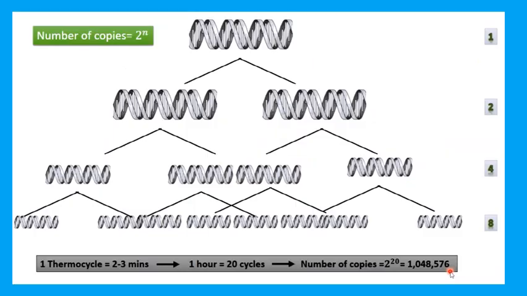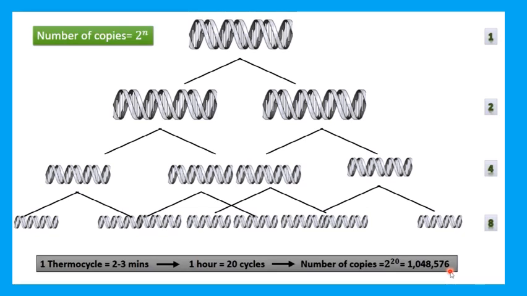Let's see: if we started with 1 copy of the desired sequence, at the end of the first cycle the product is 2 copies. Then after the second cycle, we get 4 copies of this desired gene, and after 3 cycles it became 8 copies.